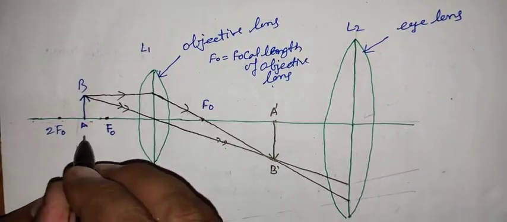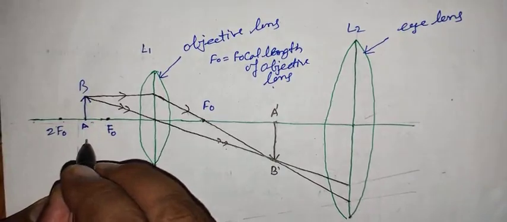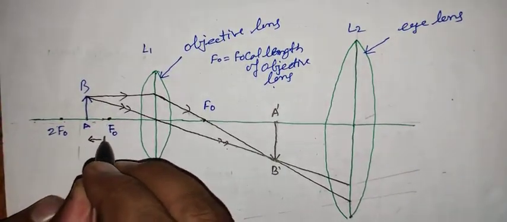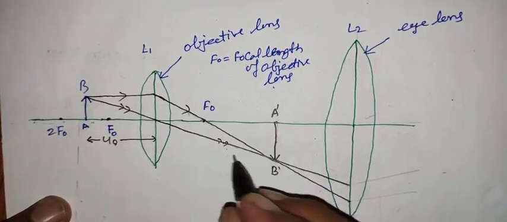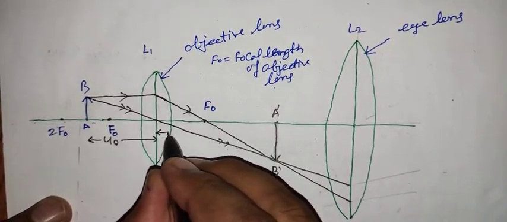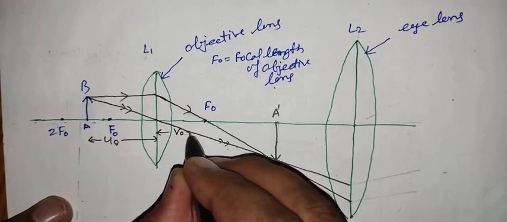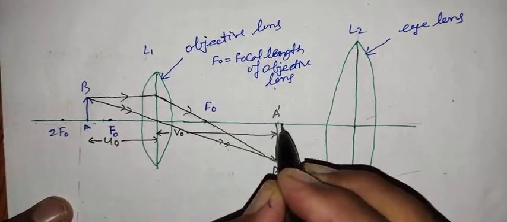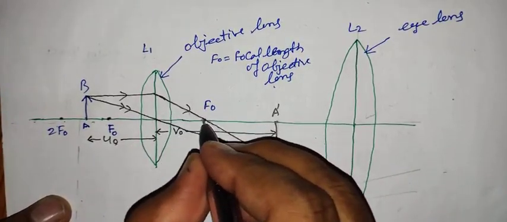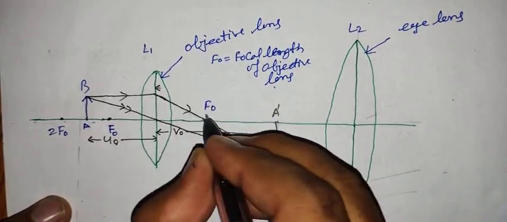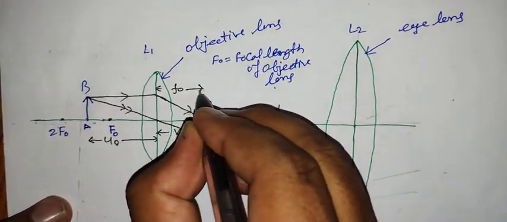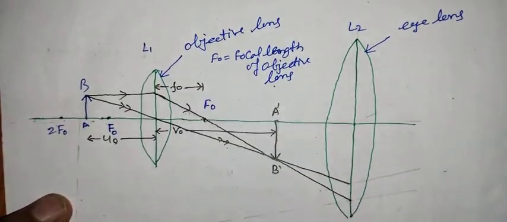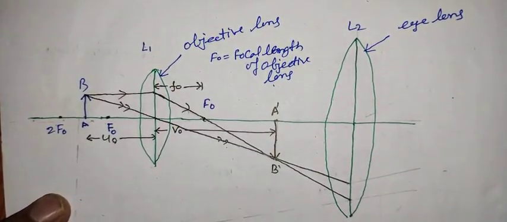When we see the distance for the objective lens, this distance is represented by UO, and this distance is called VO. And the distance to the focal point is known as the focal length of the objective lens.